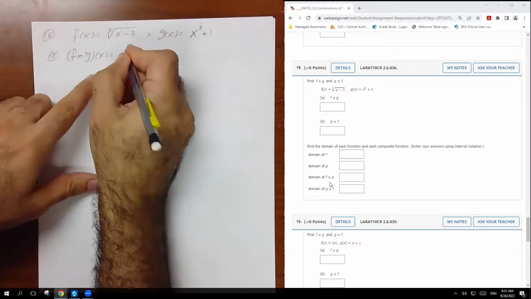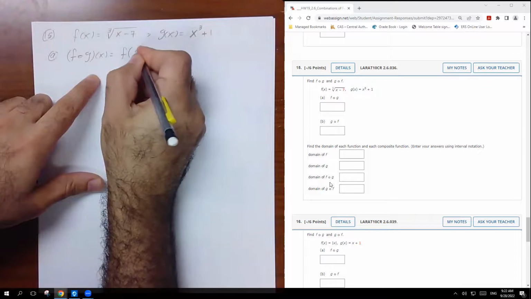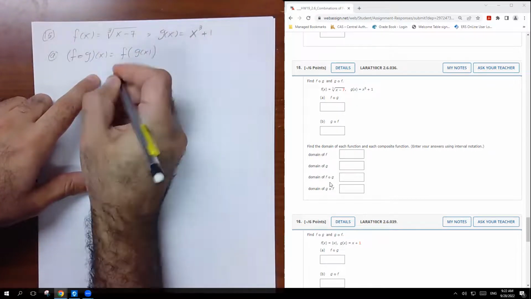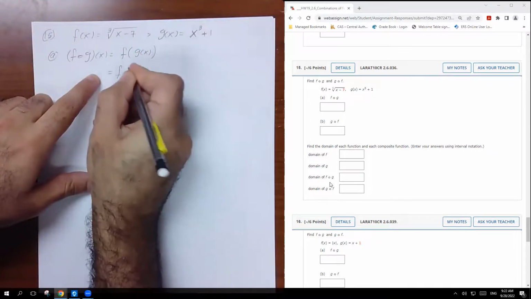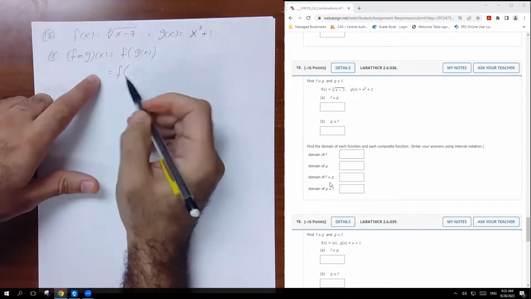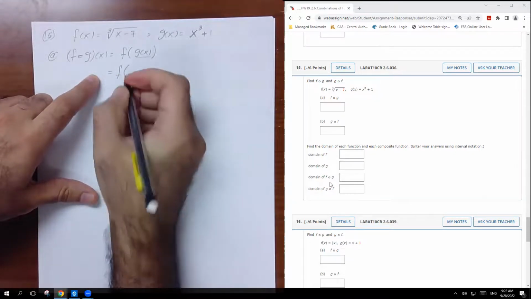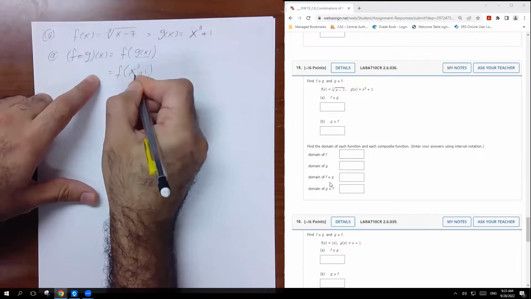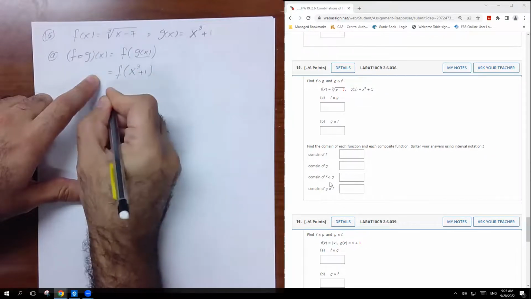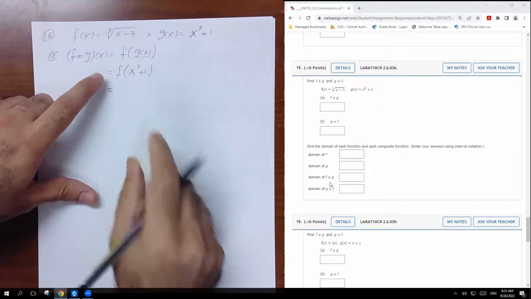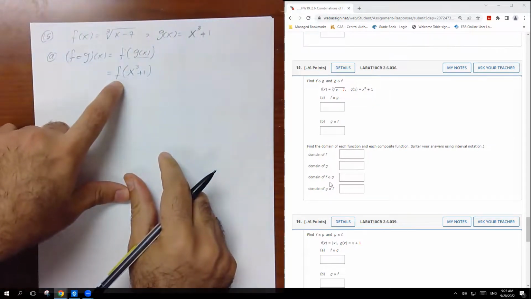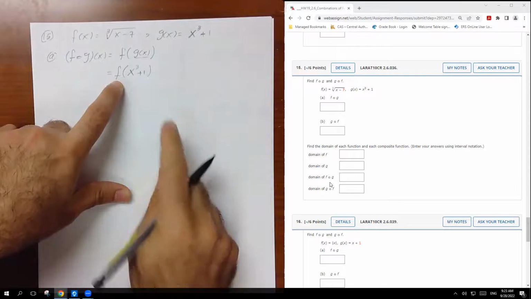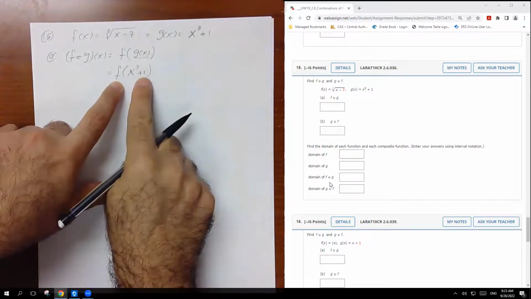So it's going to be F is out, G of X inside. F is out, here is G of X. G of X is the function X cubed plus 1. Now, next step, in the F function, instead of each X, I'm going to plug in X cubed plus 1.